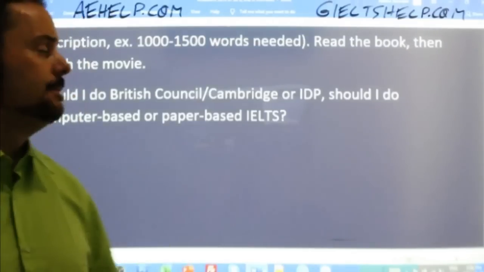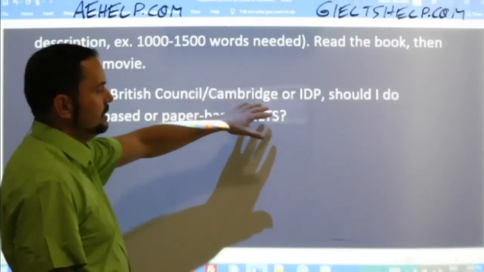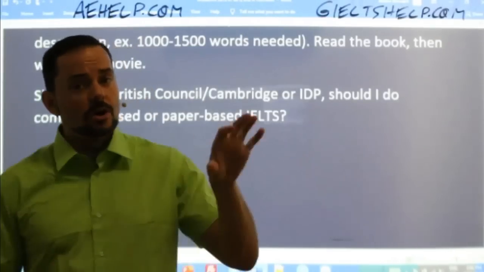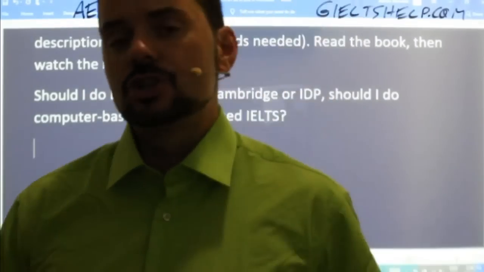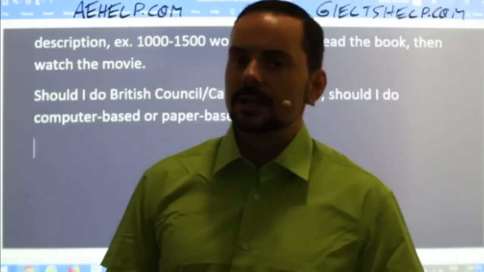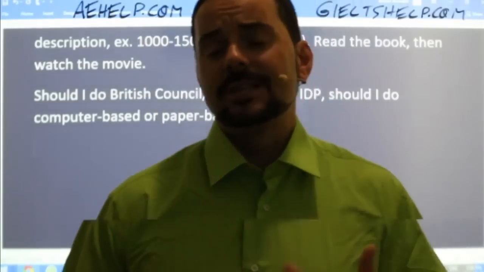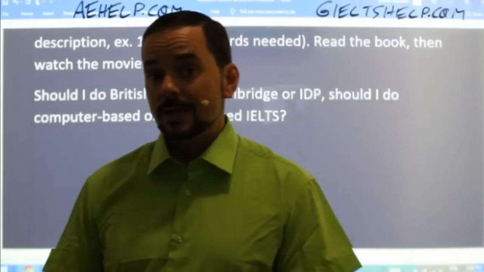Very common. First of all, not much difference. Girls and guys, ladies and gents, British Council, Cambridge, IDP, they all work together. They are different departments, but they set the same standards. They have to. The only difference is general version or academic version. So IDP is the Australian International Testing Department. Cambridge, of course, is in the UK.